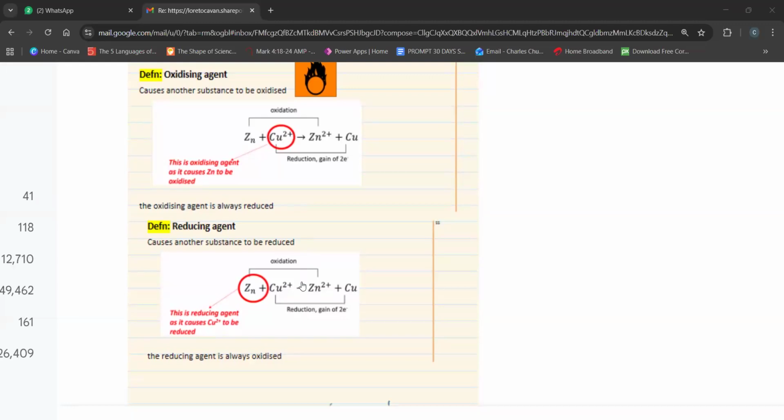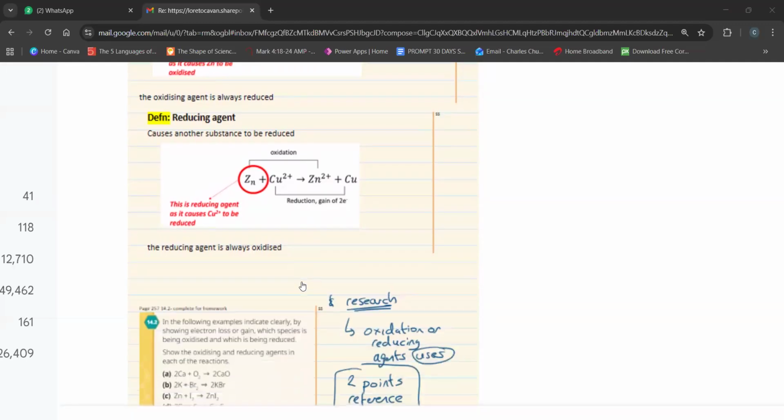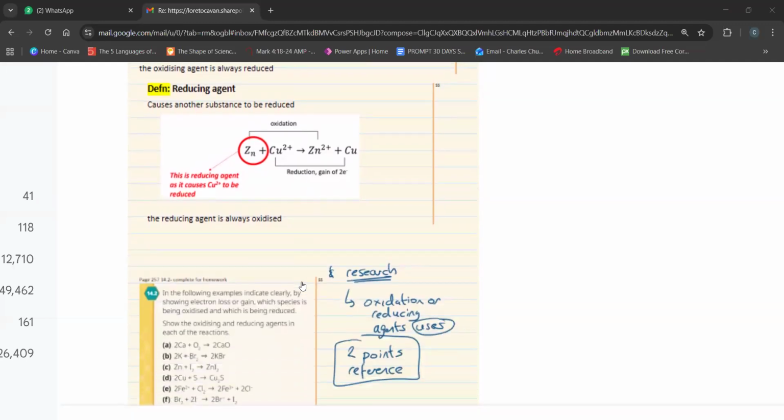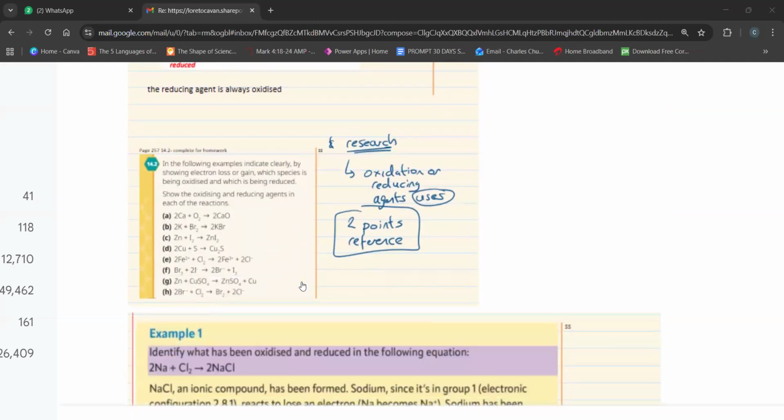So I think this has basically explained what you said, that the oxidizing agent is always reduced. Yes, by the other one. Reducing agents will always be oxidized. That's a good one.